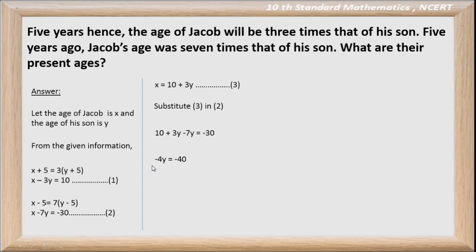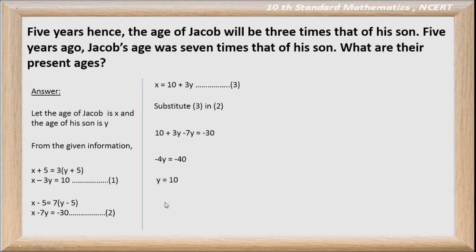So minus 7 plus 3 is minus 4y equals minus 30. Here the 10 is addition, so it will go to the other side and become subtraction. So minus 30 minus 10 is minus 40. Now we divide both sides by minus 4. So y equals 10. Now we got the age of the son.